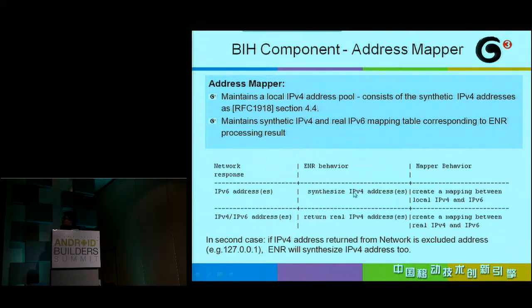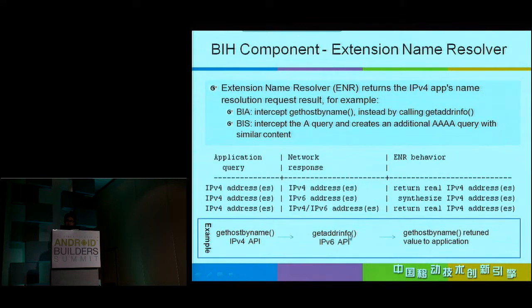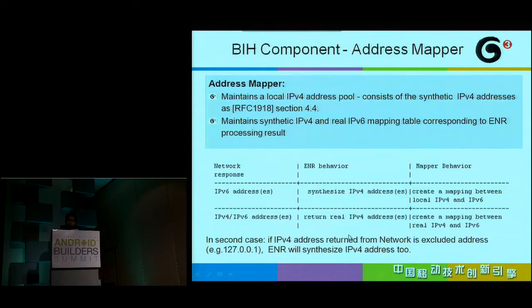The mapping table actually has three cases. We just list two, because the second one has another case. The network response, just like the getaddrinfo response, is the network response. If the network responds with an IPv6 address, the extension name resolver will synthesize an IPv4 address.